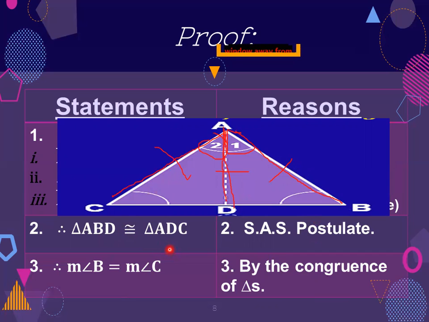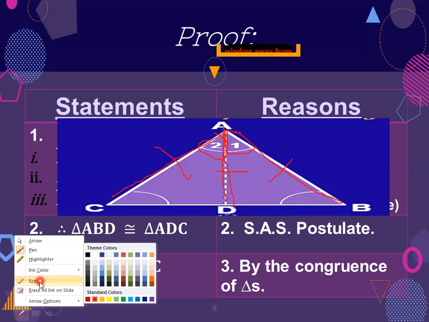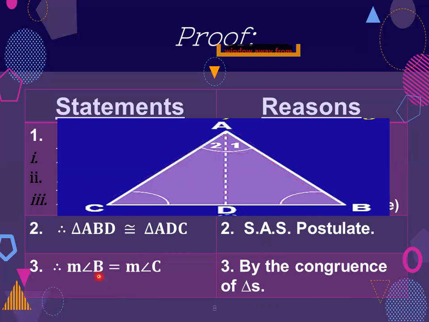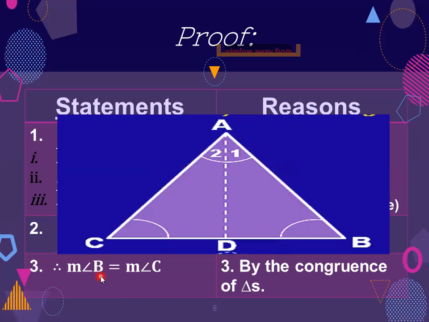And if the triangles are congruent, their angles, their sides and their vertices are also congruent. So we have said that triangle ABD and triangle ADC are congruent, so their angles will also be congruent.